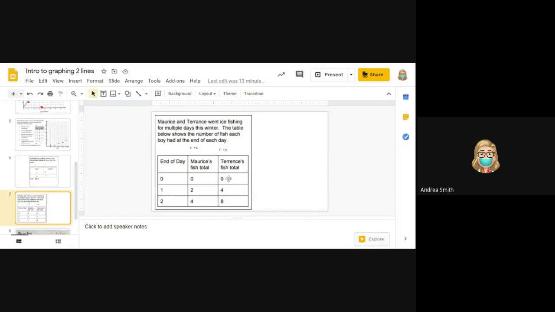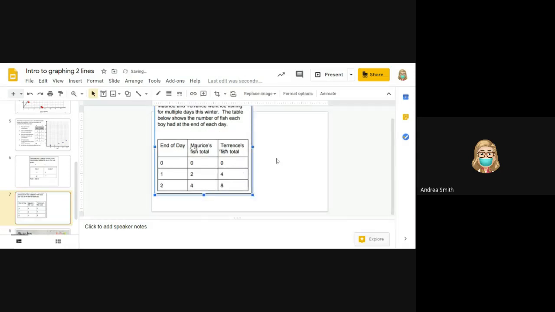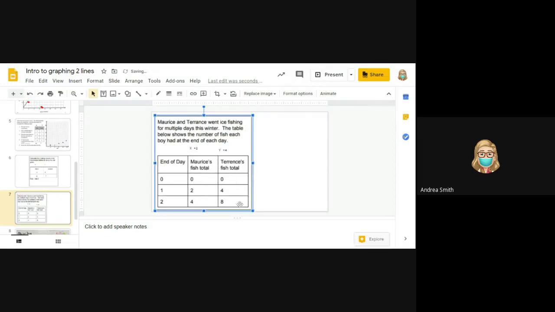He started off with 0. You added 4 on the first day. He caught 4 more fish on the second day. So his rule is plus 4. So over here, Maurice has a rule of plus 2. And over here, Terrence has a rule of plus 4.